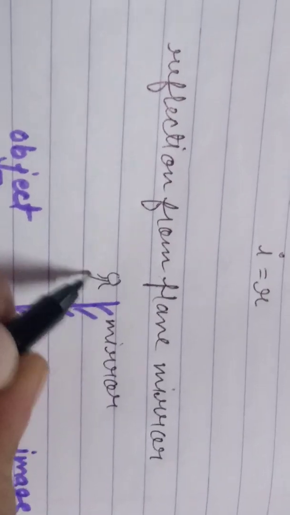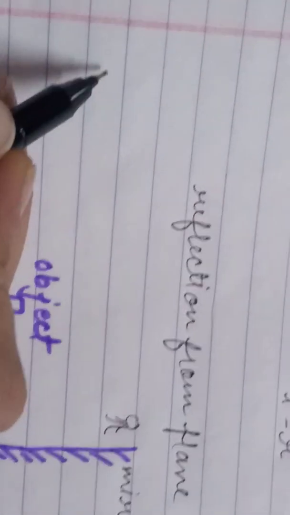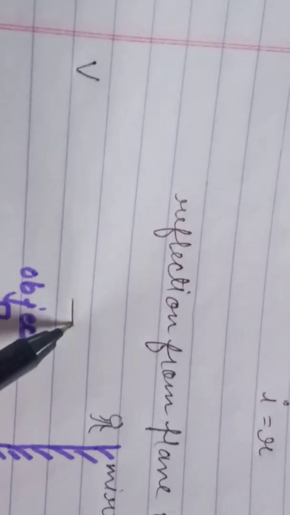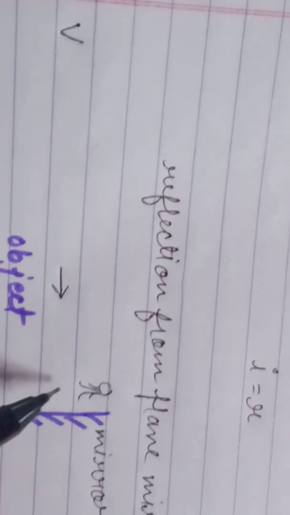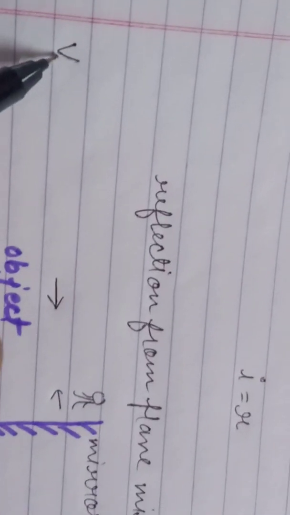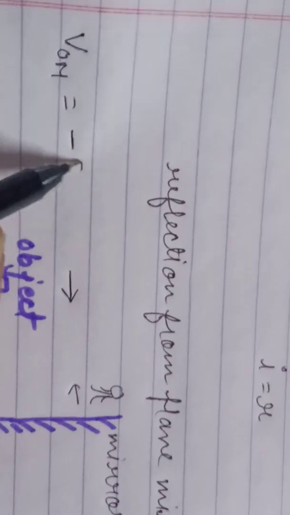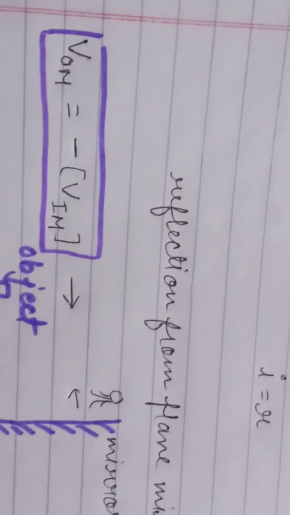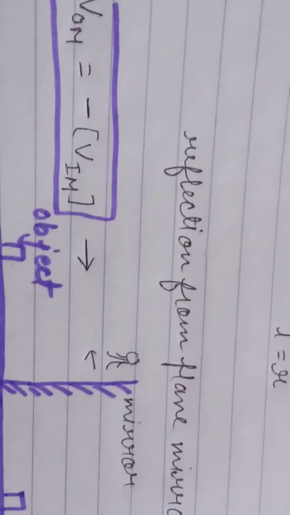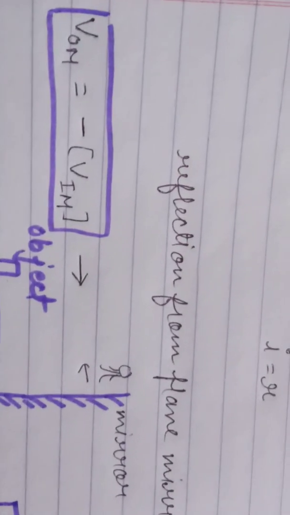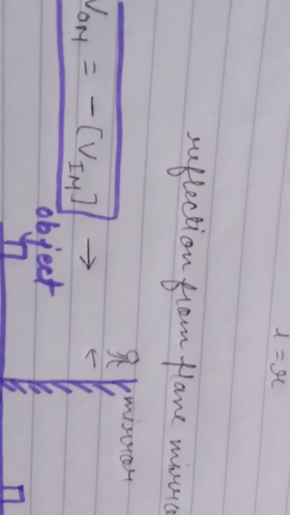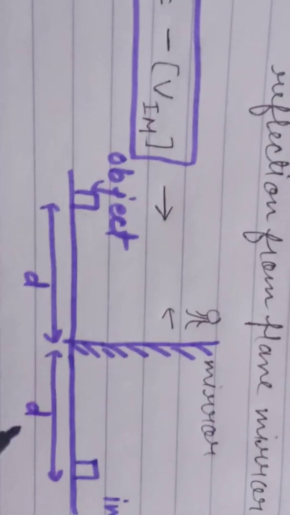If a person is standing here, then velocity, if the object moves on this side and the mirror moves on this side, velocity of object with respect to mirror is equal to minus velocity of image with respect to mirror. The distance between object and mirror and the distance between mirror and image is the same.